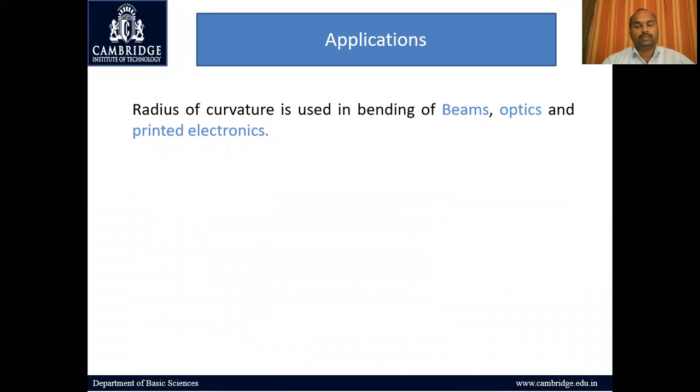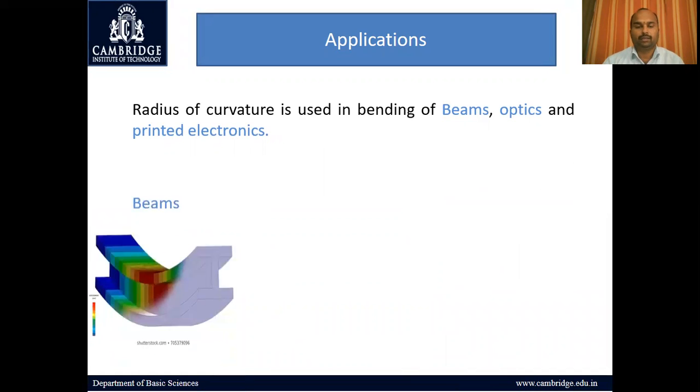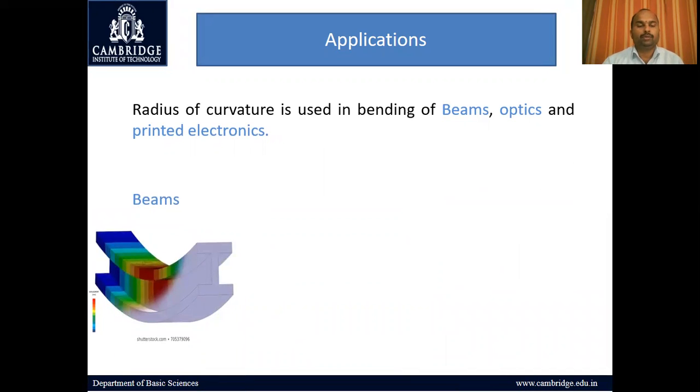So radius of curvature is also used in civil engineering, that is bending of the beams, and optics, means how to form the convex or concave lenses, and the printed electronics. Like these type of beams, how much they can bend, and what is the effect of the bending, can also be decided by using the radius of curvature.